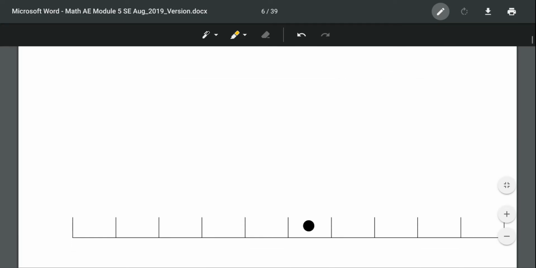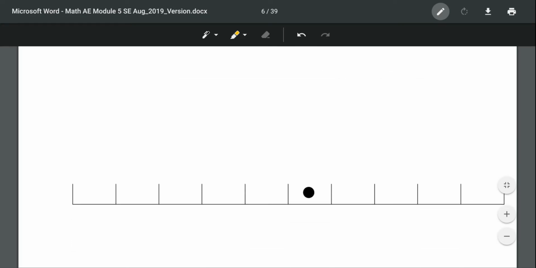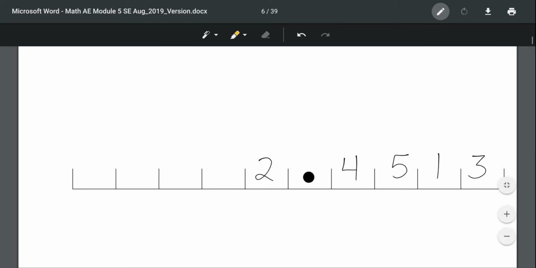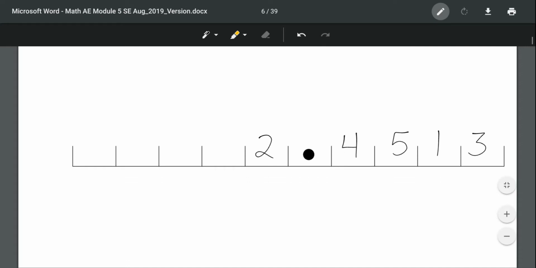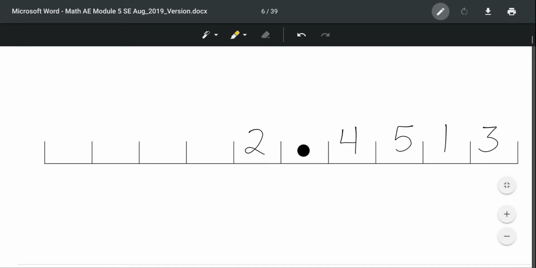Okay, so let's take a look if I have a number. I have 2 and then a decimal, and then 4, 5, 1, and 3. So each of these has a place value. 2 would be in the ones place.